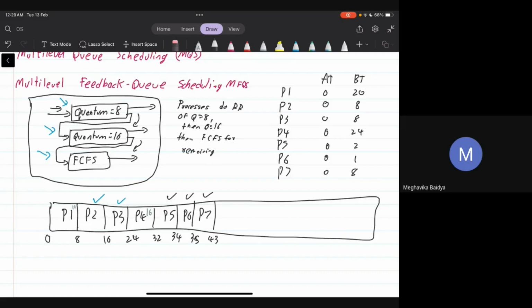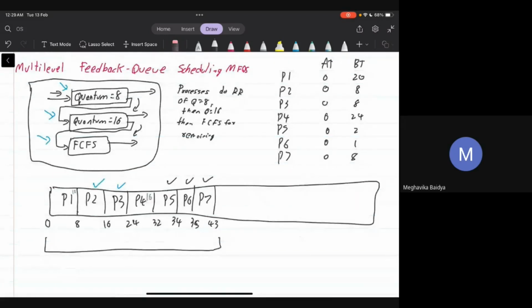So one full round of round robin is over, from P1 to P7. Since one round of quantum 8 is done and we have other levels also, we'll now do quantum 16.